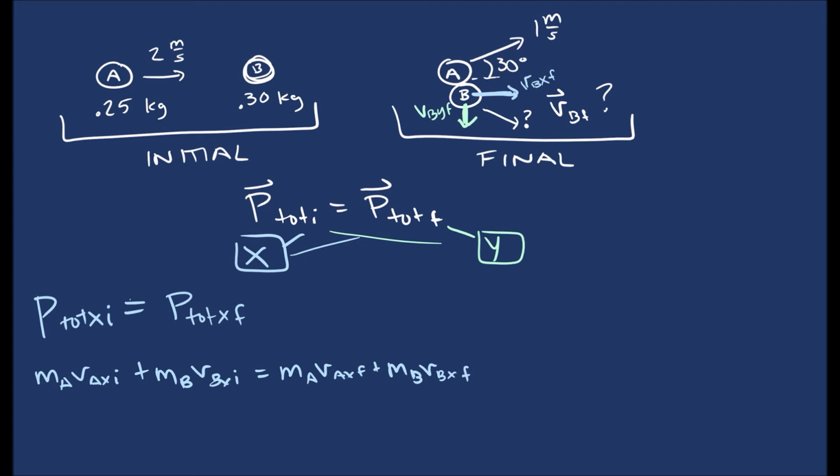Looking at what we know, billiard ball B is not moving initially, so that whole term becomes 0. We know the mass of A, we know the mass of B, we know the initial velocity of A in the x, and we actually know the final velocity of A in the x if we do a little bit of trigonometry.